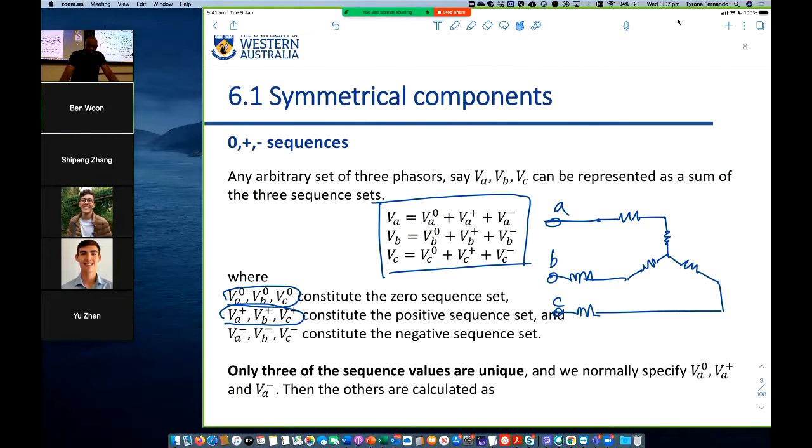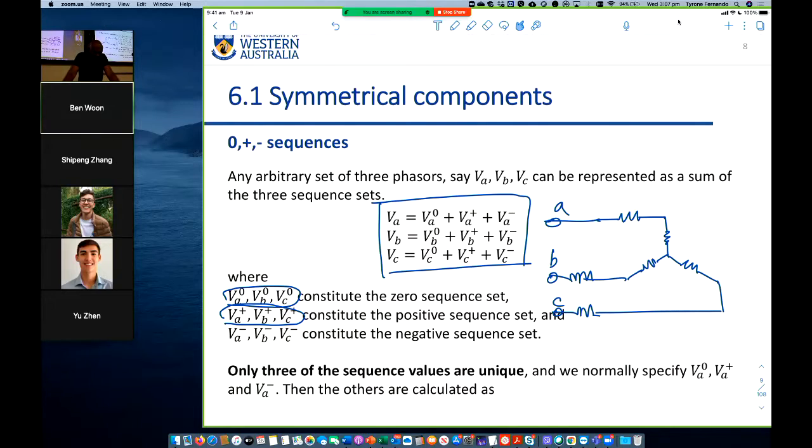VB is its 0 sequence component plus its positive sequence component plus its negative sequence component. So imagine a particular voltage, either VA or VB or VC, we just break it up into 3 parts. And if you sum the 3 parts, we get the original voltage, whether it's VA or VB or VC.